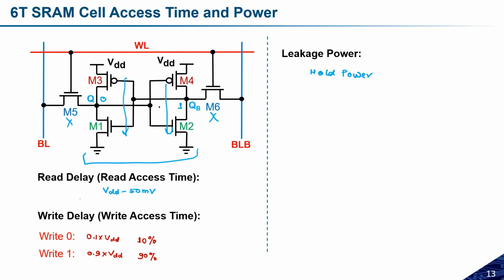Whatever power is dissipated through the latch we have formed here, we call the hold power. During hold, we have to calculate whatever leakage current is flowing through it. So whatever power is drawn by the supply voltage during the hold operation, we call the hold power.